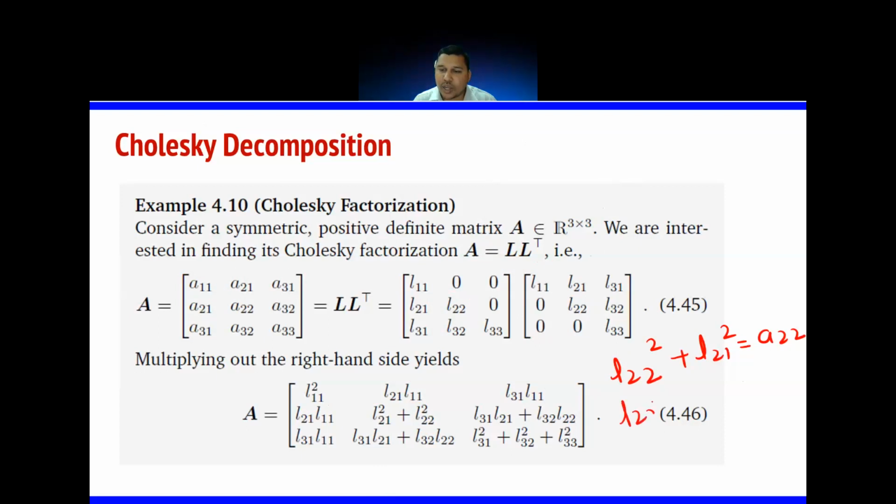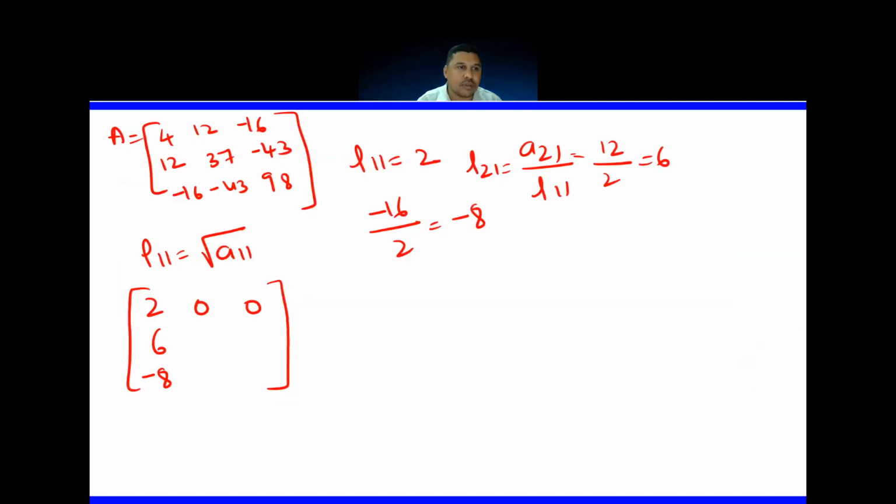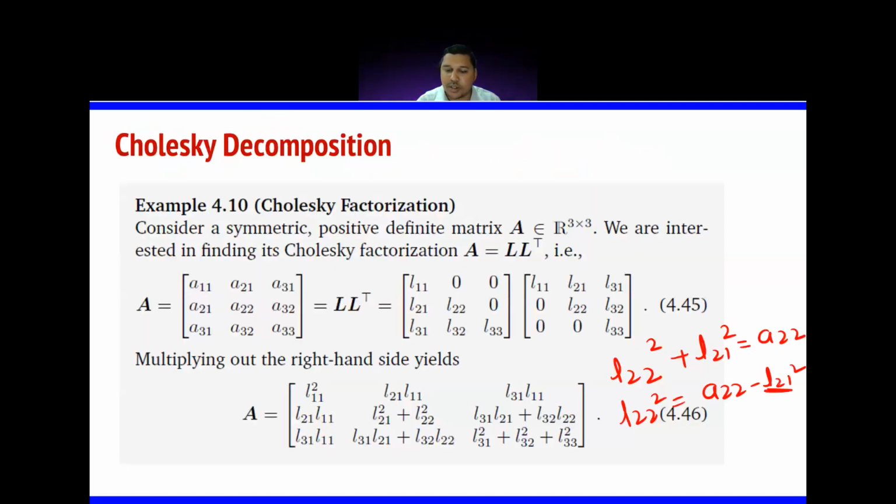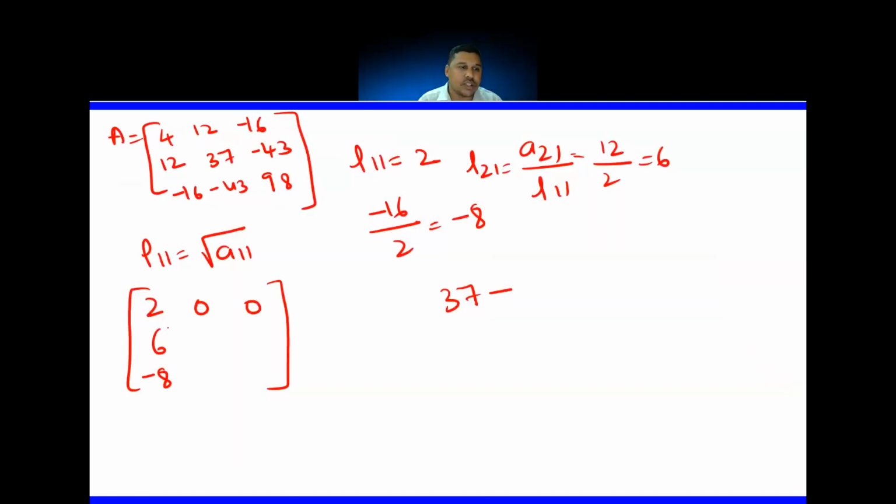From this, L22 square equals A22 minus L21 square. The A22 value from the matrix is 37. So 37 minus L21 square, where L21 is 6, so 6 square is 36. 37 minus 36, square root, is 1. So this value is 1.